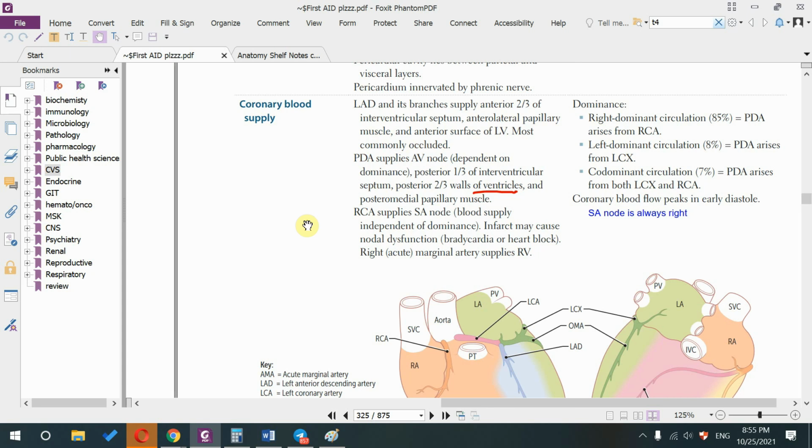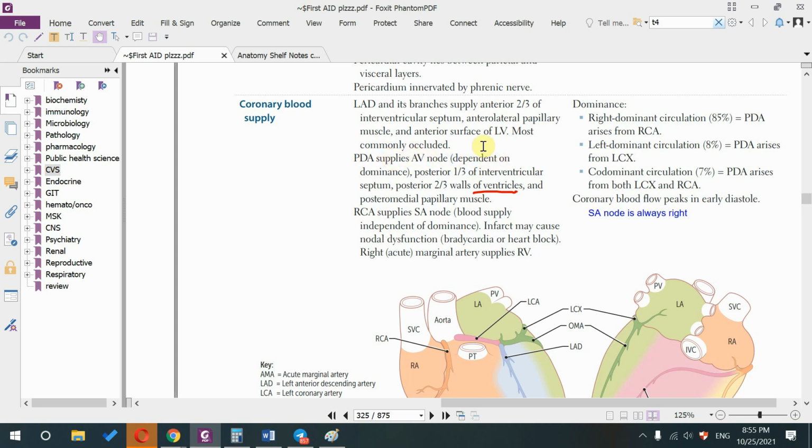You must be able to get any ECG in front of you and read it comfortably. So the PDA supplies the AV node. We'll take a lot of time to know where it is, what it does, everything about it.